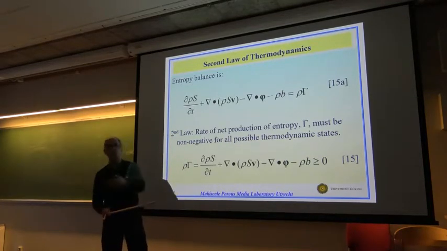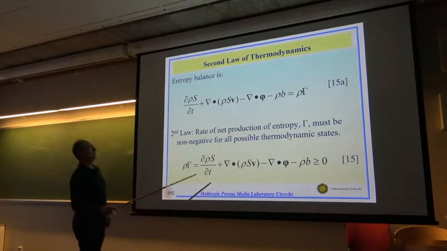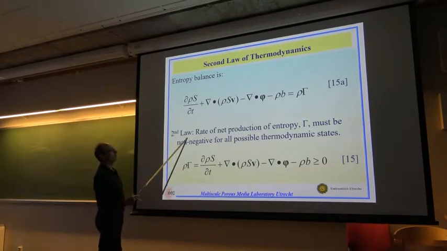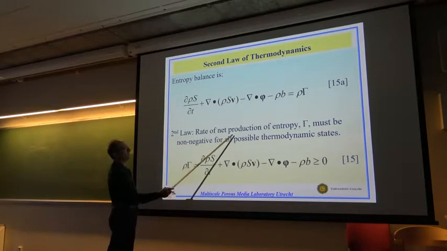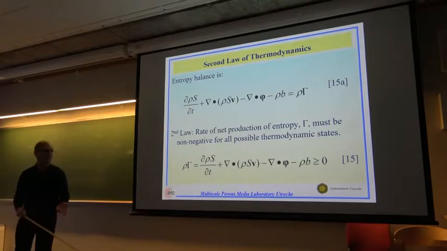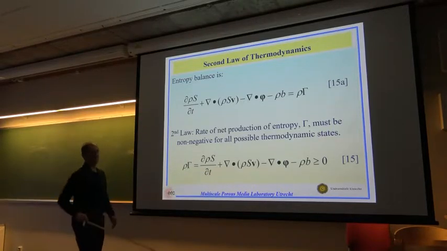In case of all the other ones it is 0, here it is not 0. And that right-hand side is governed by the second law of thermodynamics, which says that the rate must be non-negative. So this is the entropy balance.